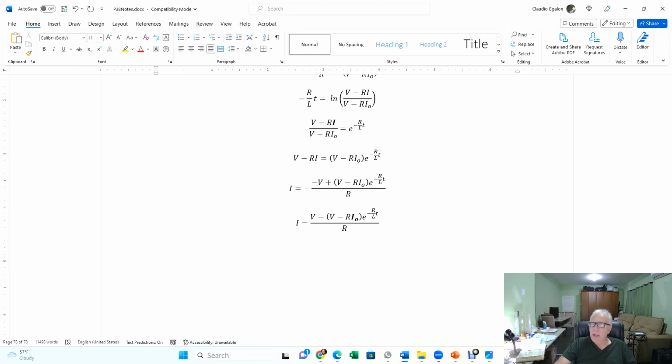This I naught we obtain by analyzing how the inductor behaves, okay?